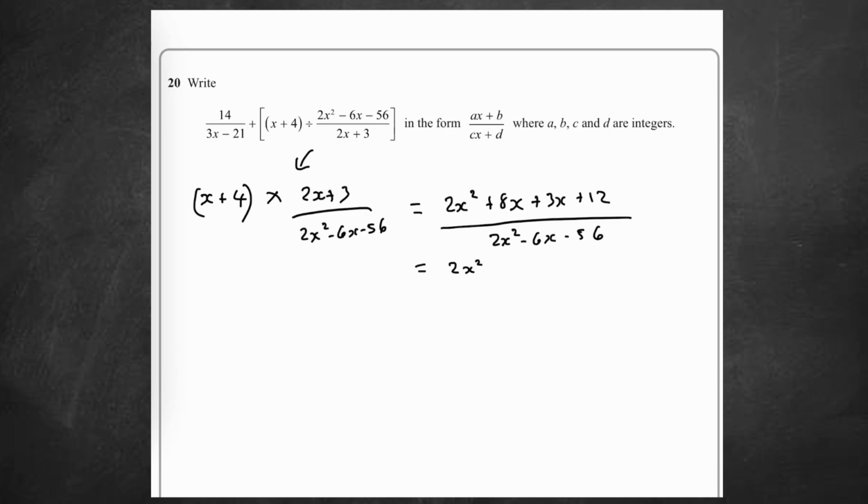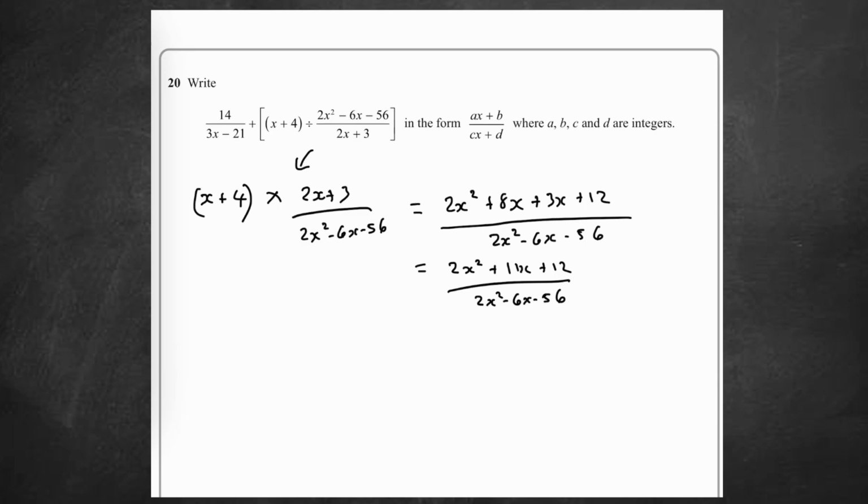Simplify this a little bit: 2x squared plus 11x plus 12 over 2x squared minus 6x minus 56. Now we need to make the denominator a little bit easier than this. So what we're going to do is factorize both of these.